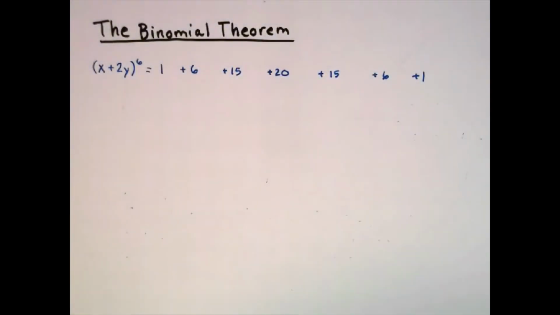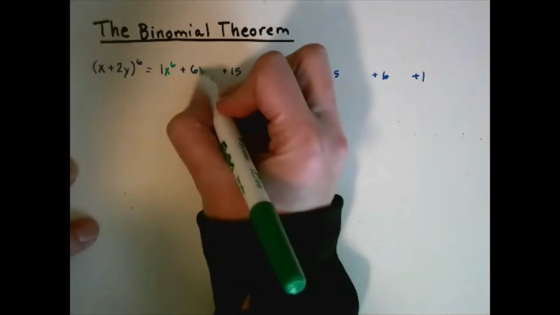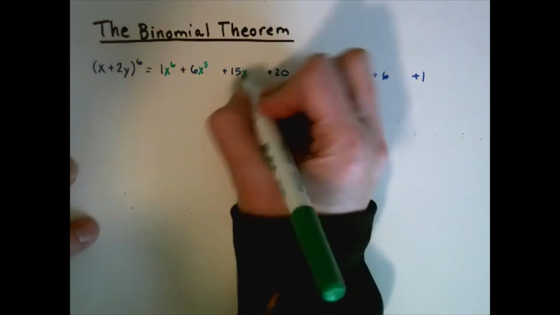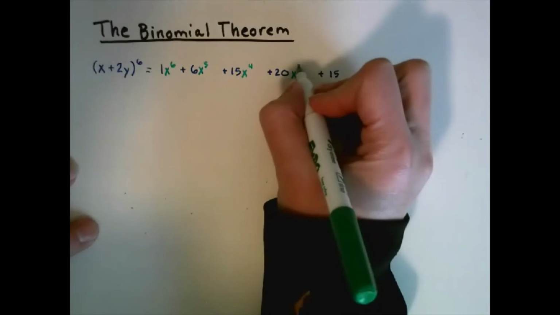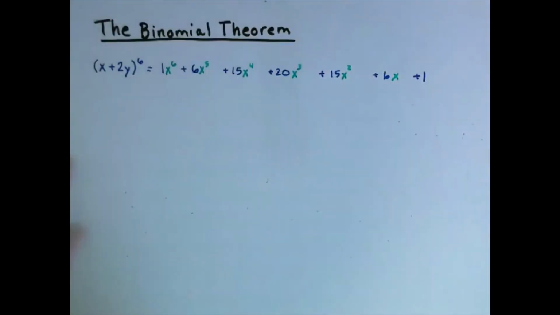Okay, then we take the first thing, x to the 6th. We're going to have x^6, x^5, x^4, x cubed, x squared, x, and then x to the 0.